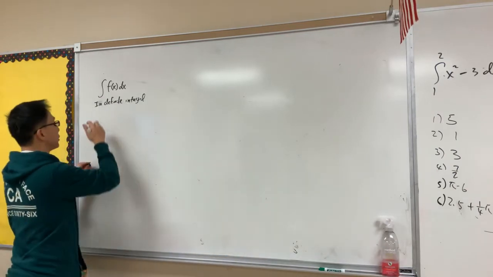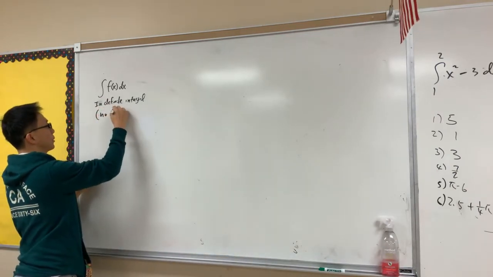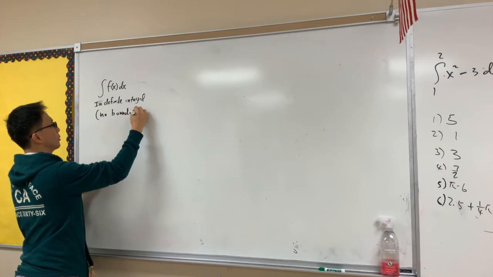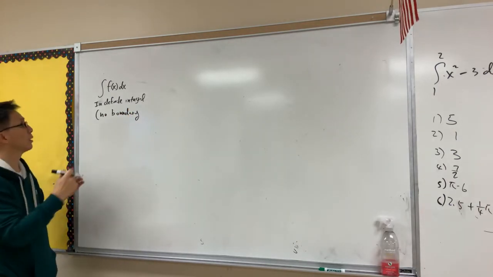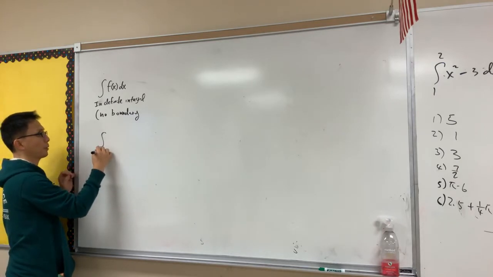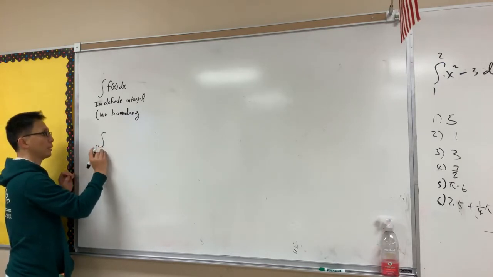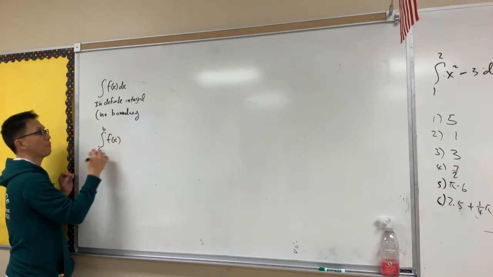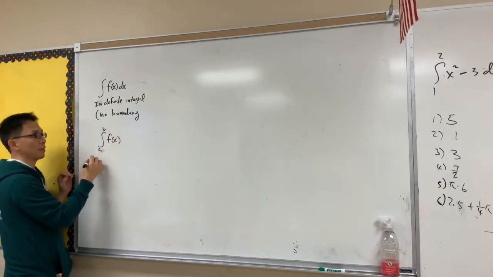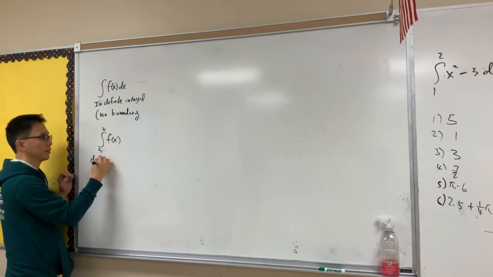So there's no boundary. But if I have a to b for f of x, now I have a boundary, but there's a different name for this integral. That's called a definite integral.